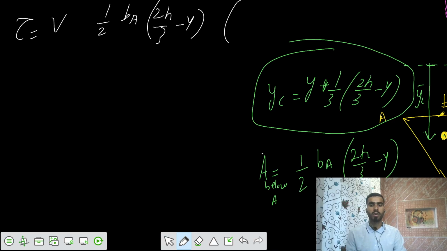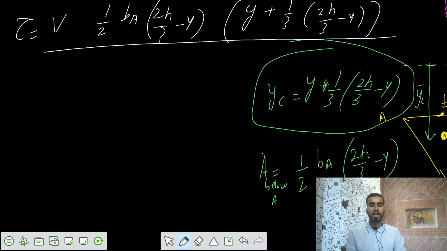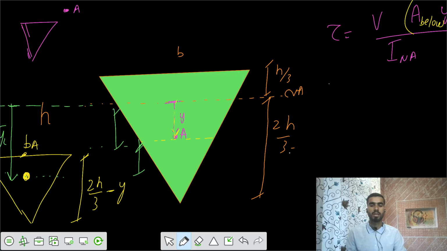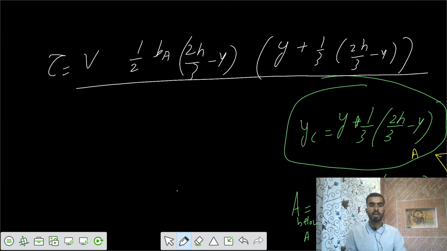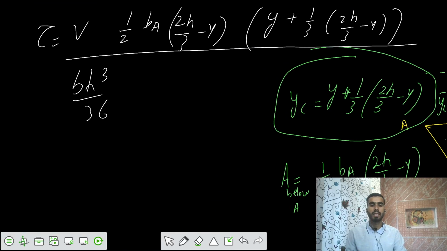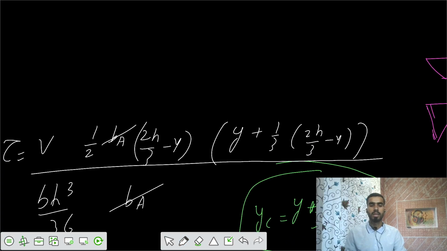And the centroidal distance is y plus 1/3 of 2h/3 minus y, divided by the second moment of area about the neutral axis, which we know equals bh³/36, and the width at A. If you take the width at A as it is, this would get cancelled. So we have to calculate this part now.